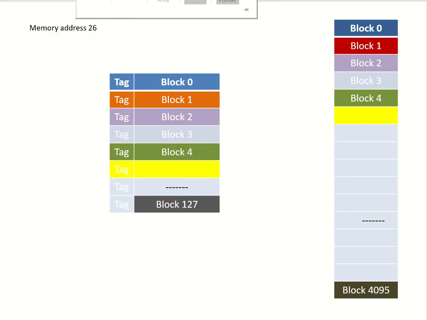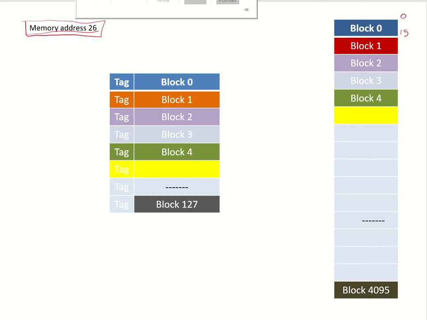Let us take an example of memory address 26. First we have to find out which main memory block it will be present in. We are considering the same example where each block consists of 16 words only.